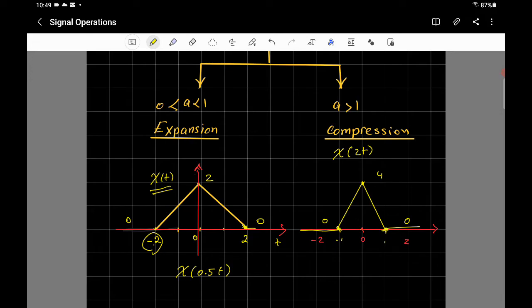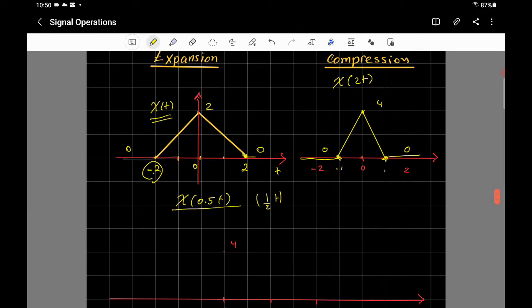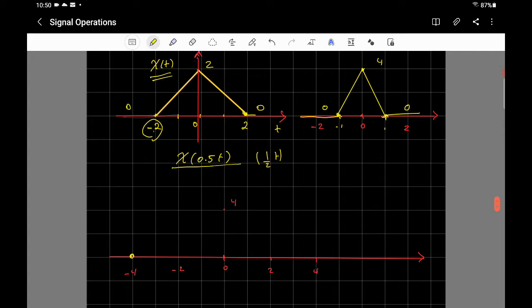All right, let's take the expansion. When a is a positive fraction, like x of 0.5t, in this case, you multiply everything by 2, the opposite, because it's like one half t. You make it double. So -2 becomes -4. And 0 times 2 is 0, and the value is 4.